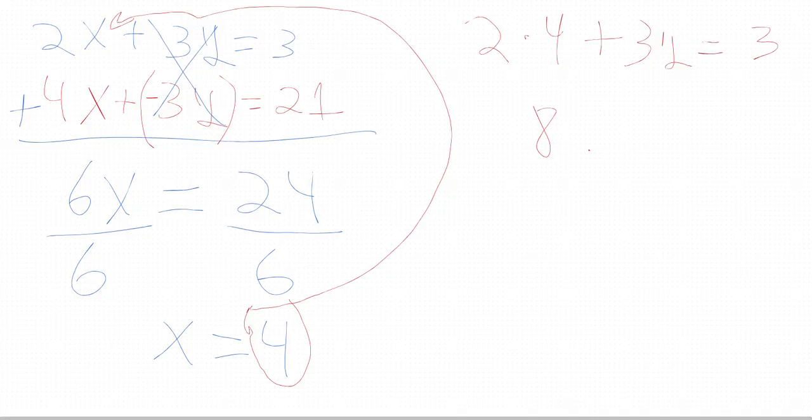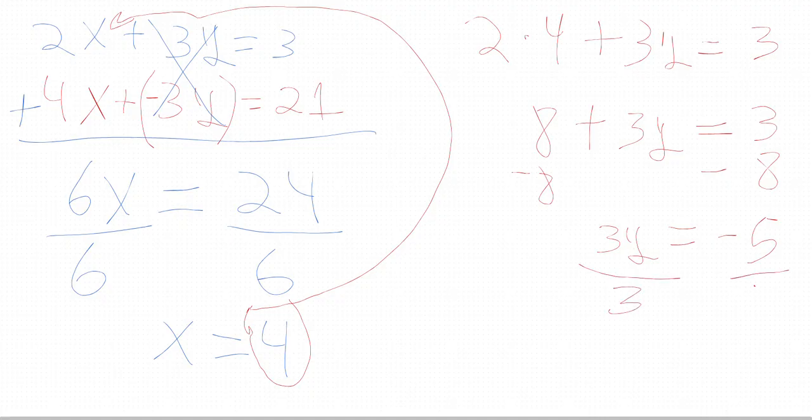Okay, 8 plus 3y equals 3. We subtract 8 from both sides, and we get 3y equals negative 5. Divide both sides by 3, and we get y equals negative 5 thirds.